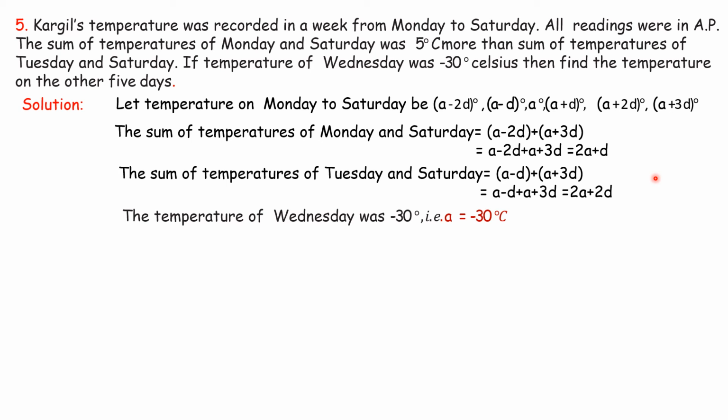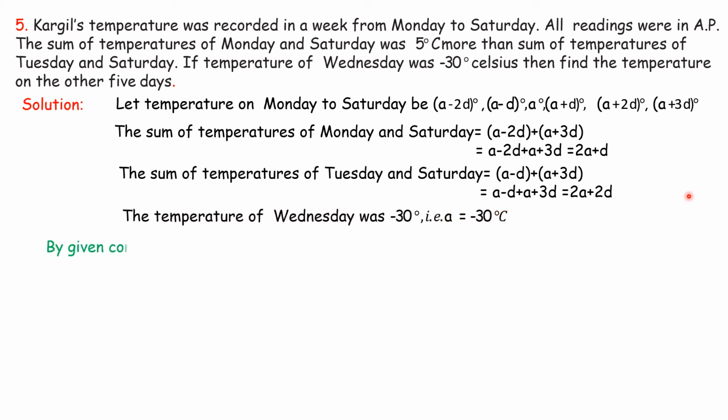What is the given condition? The sum of the temperature on Monday and Saturday was 5 degrees Celsius more than the sum of the temperature on the Tuesday and Saturday.